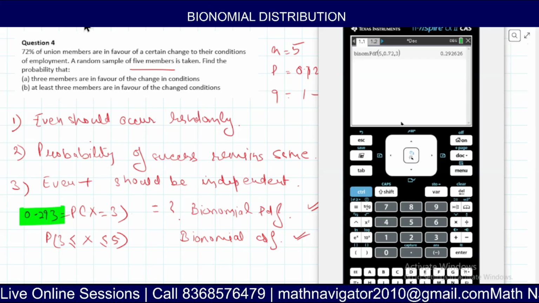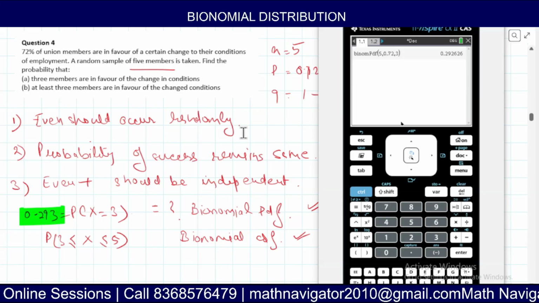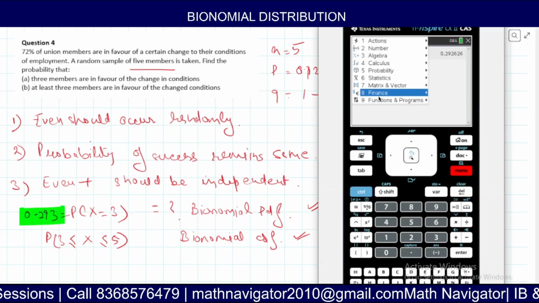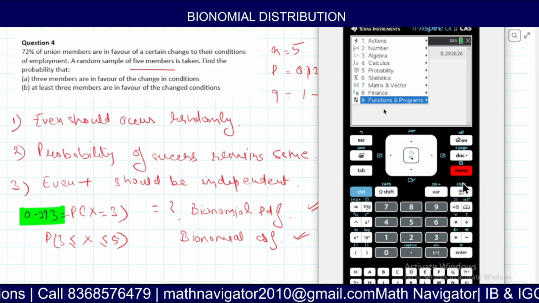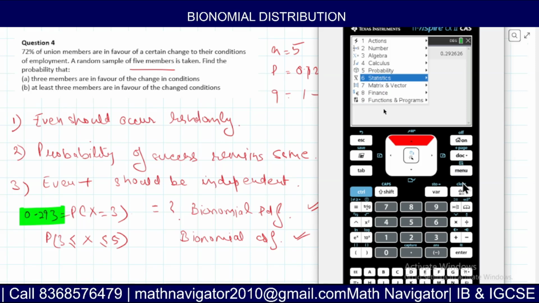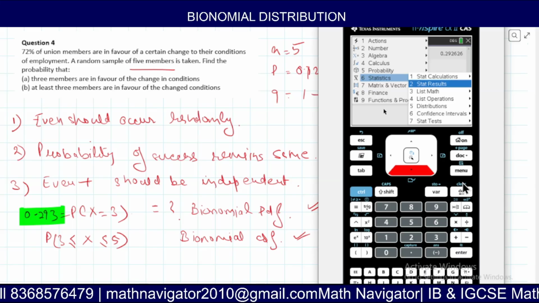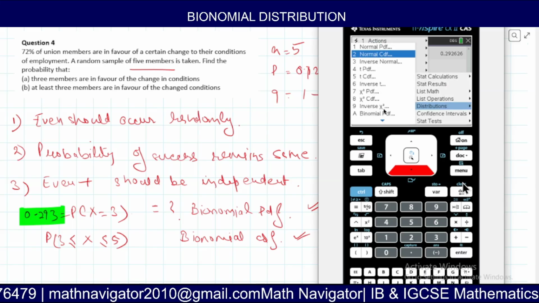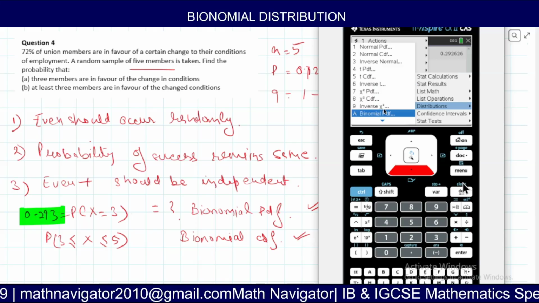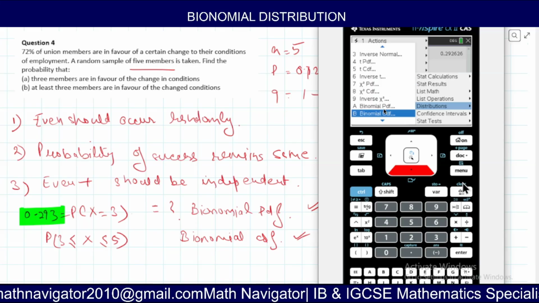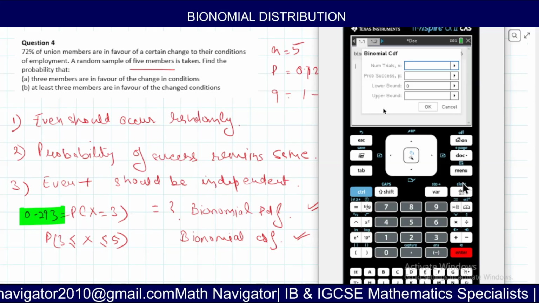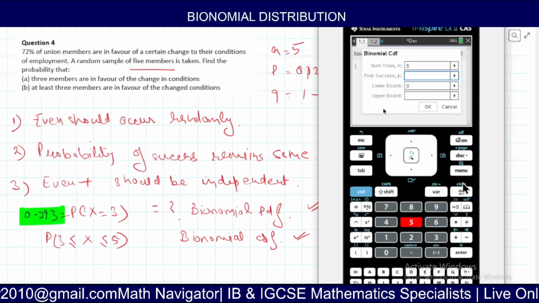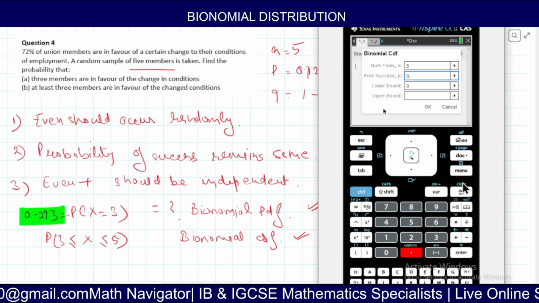That means 3 people. And between 3 and 5, for this you have to use binomial CDF. So let's do menu, stats, then distributions, then this is binomial CDF. Enter. Number of trials, how many? 5. Probability of success, again the same, 0.72.